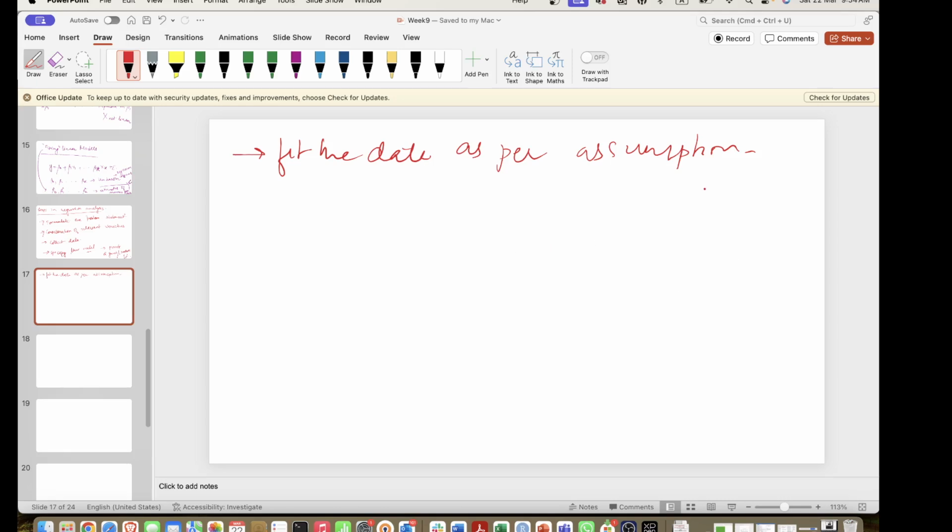So fitting the model as per assumption with data, this is something that we need to do.